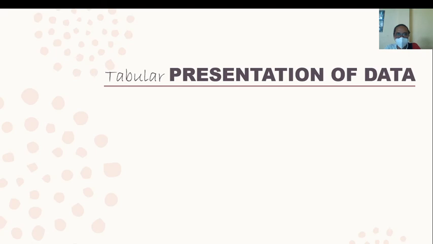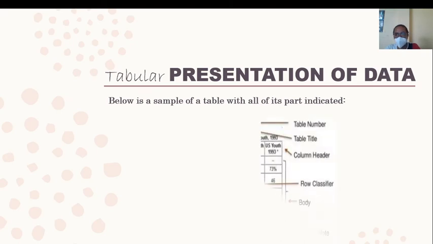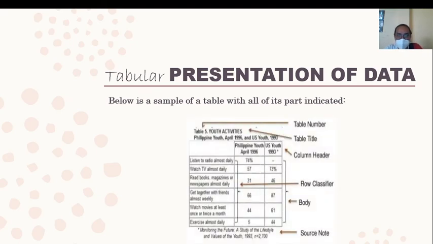Tabular presentation of data. Below is a sample of table with all its parts indicated. Ayan. Tabular presentation of data. The table number, ayun, o, nakita. Ang table title niya is the youth activities. We have the column header, the row classifier.